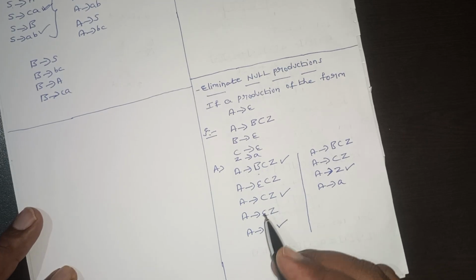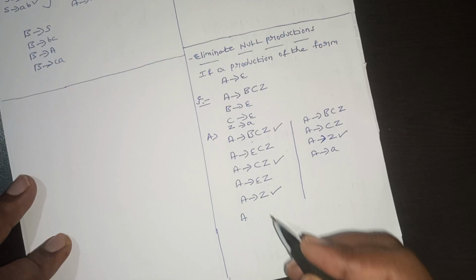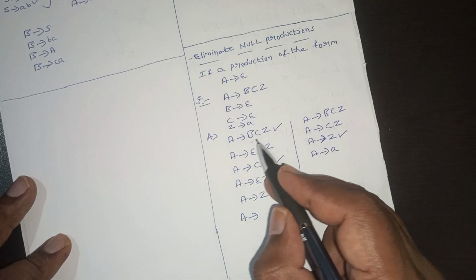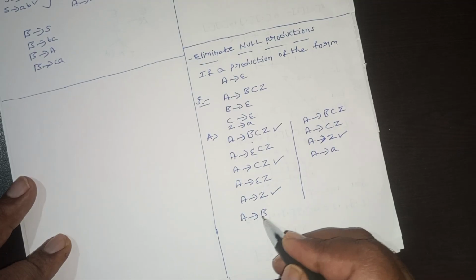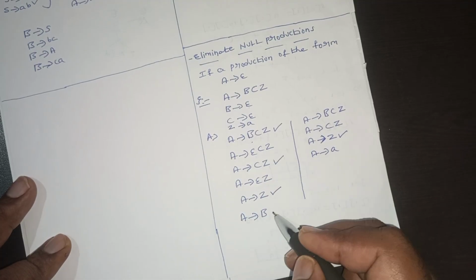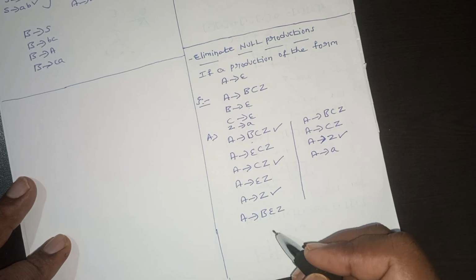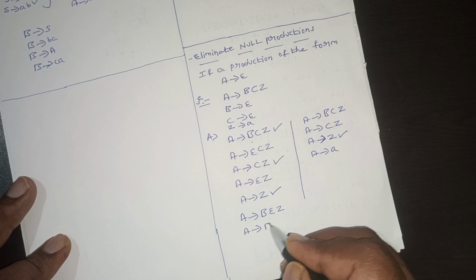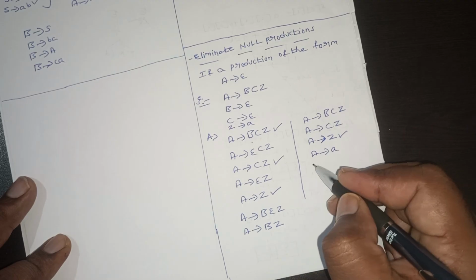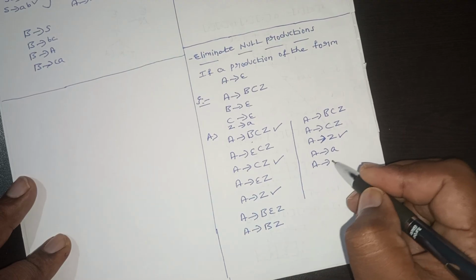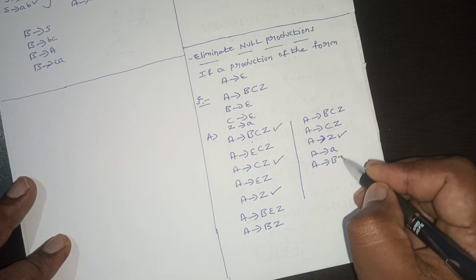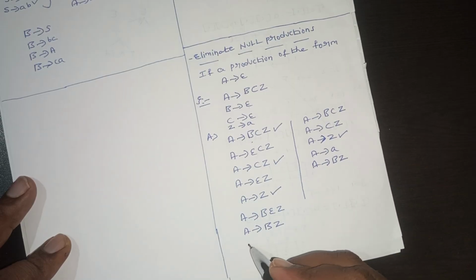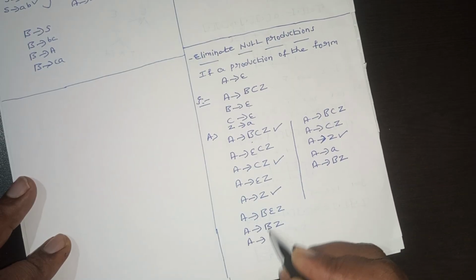Again, A tends to, now B, in the place of C you write epsilon. Epsilon Z. What will be the answer? A tends to BZ. So this also you add to the answer. Again, in the place of B you write epsilon.